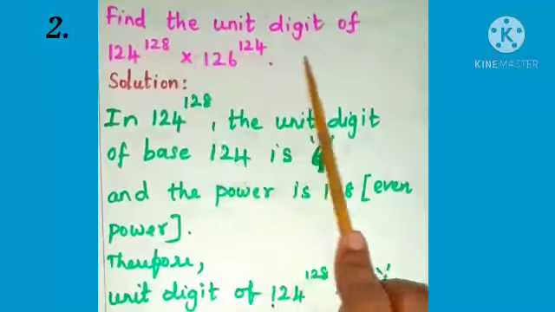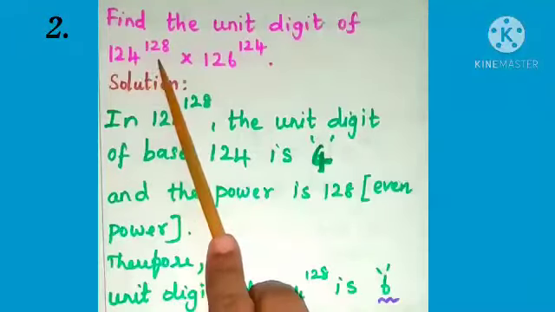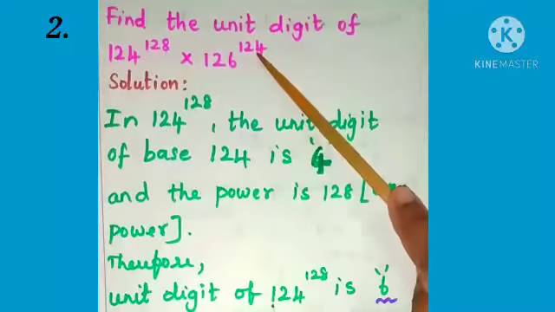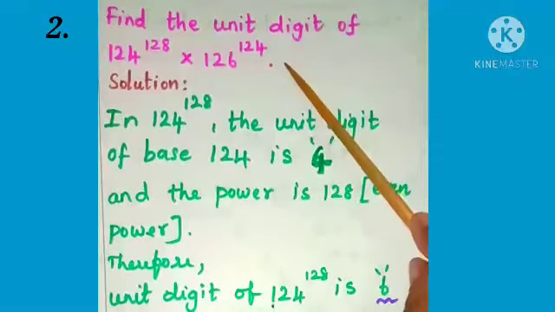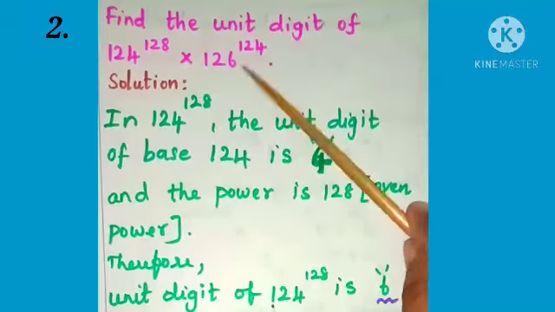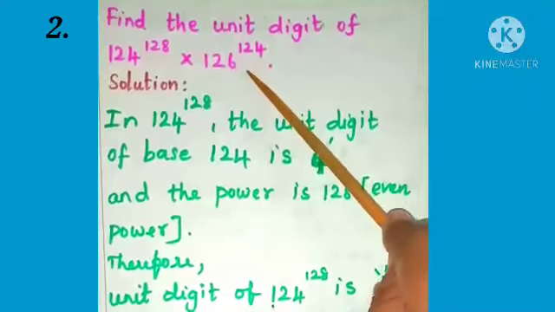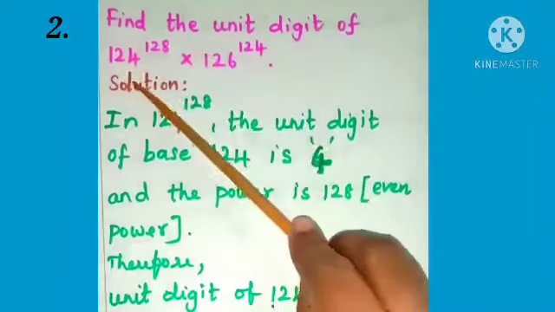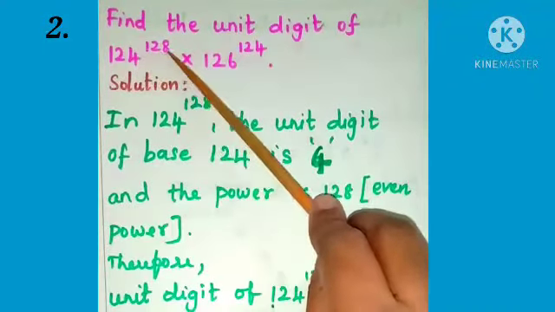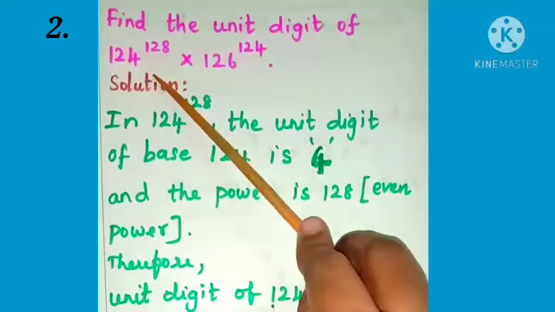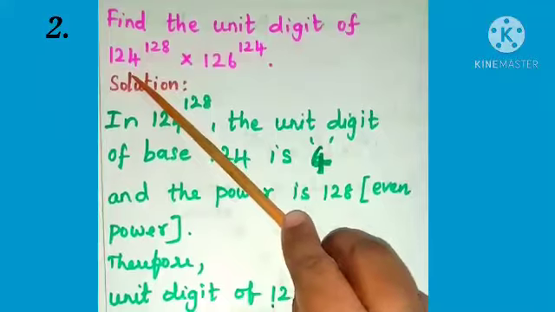Second problem: find the unit digit of 124 to the power of 128 into 126 to the power of 124. Now students, here in this problem, the product of exponential forms is given. So, we know that when the power is even, the unit digit of a base ending with 4 is 6.